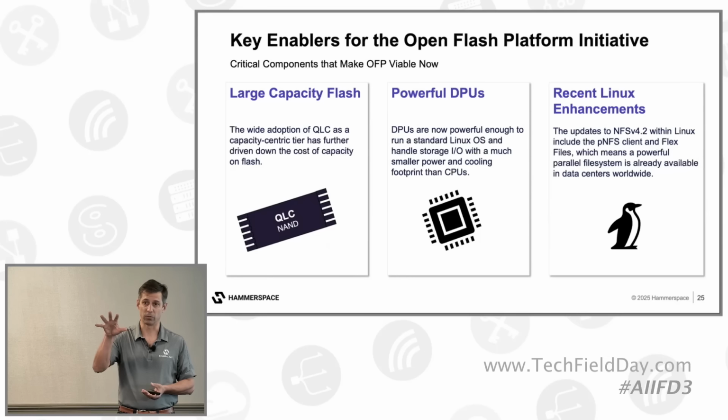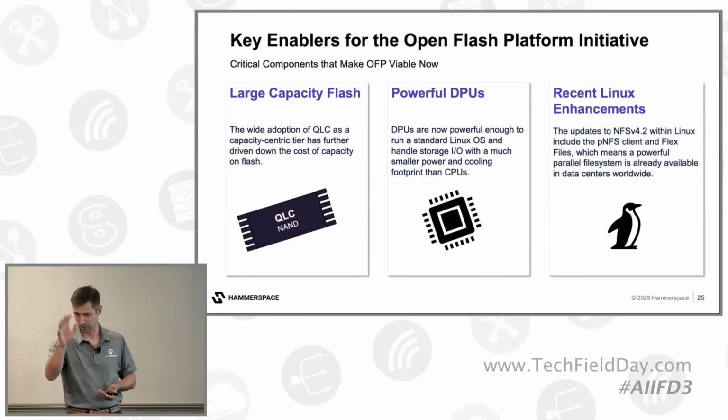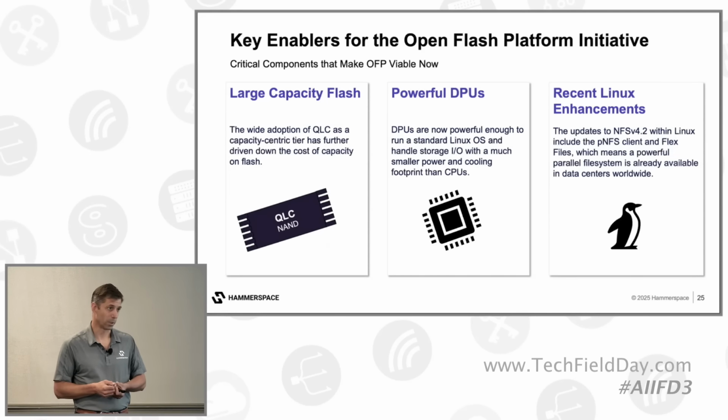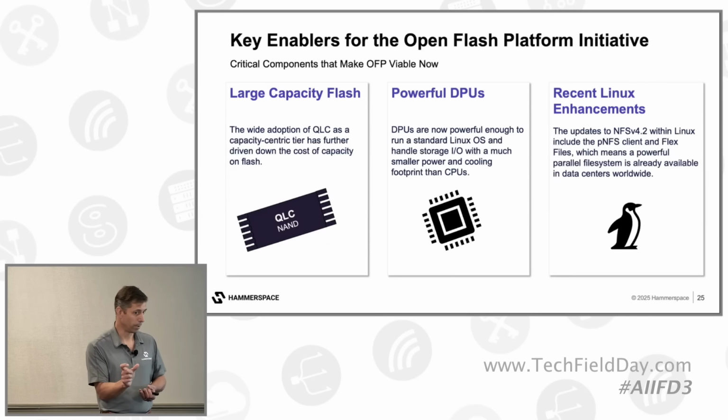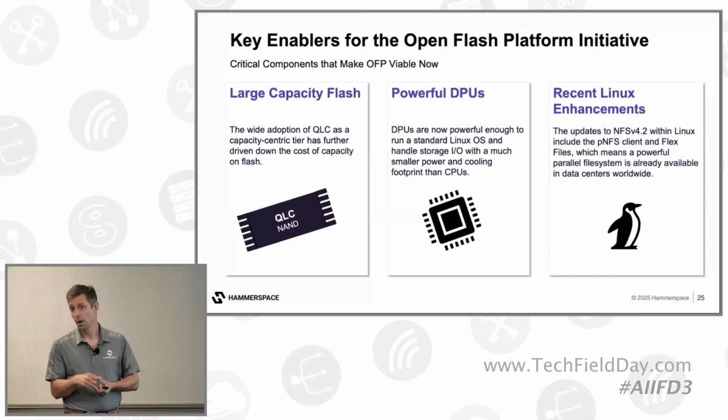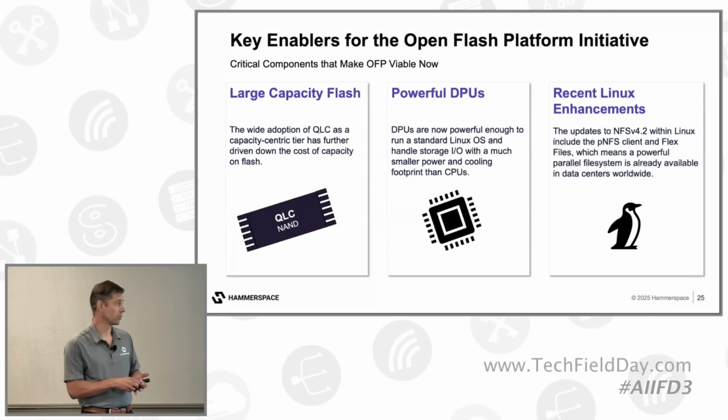Those storage servers are very expensive, both from a procurement standpoint, with CPUs, memory, and all the infrastructure around them, and also from an operating standpoint. You've got to power those things and cool them. So these DPUs becoming very powerful are allowing us to essentially replace all of that server infrastructure.